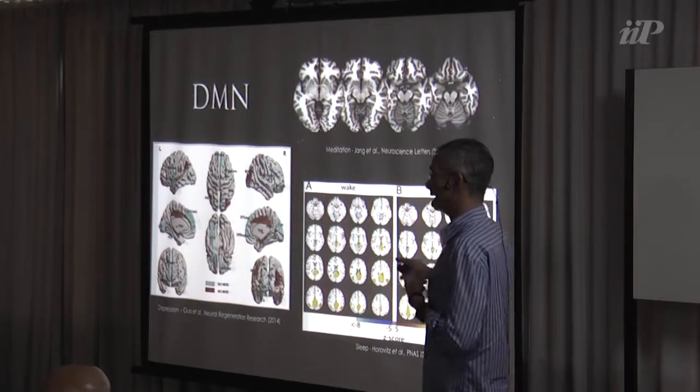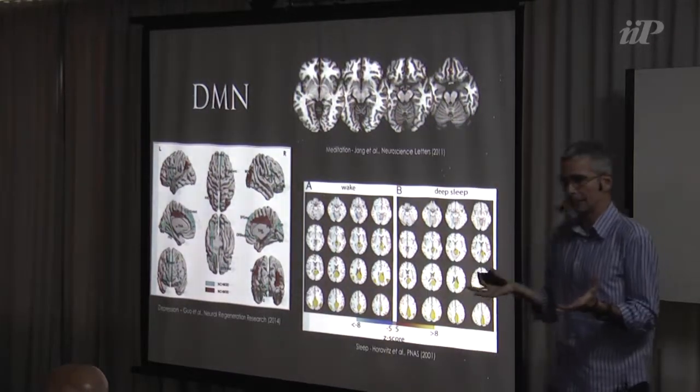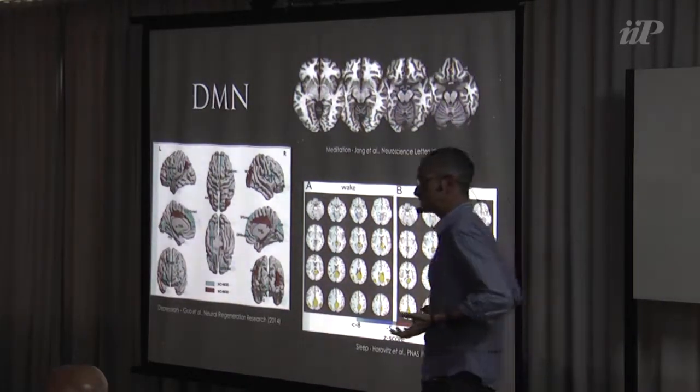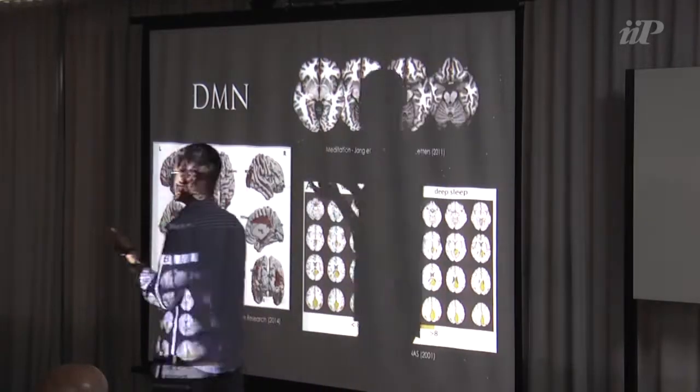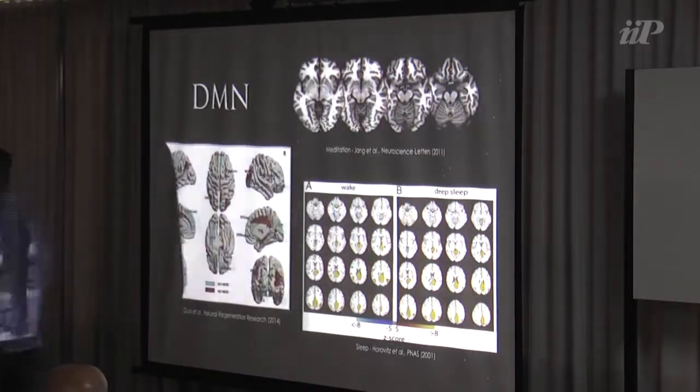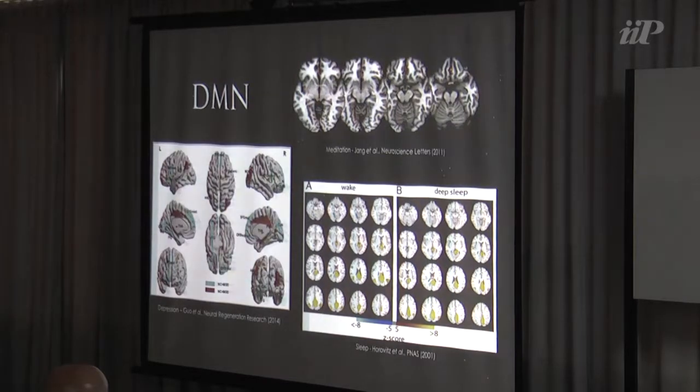So when you are at rest, this network, the default mode network, gets engaged. A lot of people have been trying to understand the meaning of the default mode network. What is it that you're doing when you are at rest? Mind wandering. Or not at rest. I mean, a lot of you are mind wandering right now.